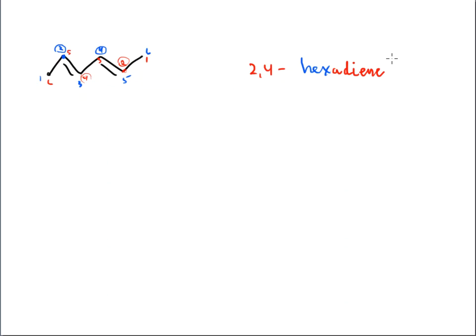You almost have to pause when you say that name if the A is not present. So 2, 4 hexadiene is the appropriate IUPAC name, but if you leave that A off, it's no big deal. You're close enough. I give you credit. I'm not that picky, at least when nomenclature is concerned.